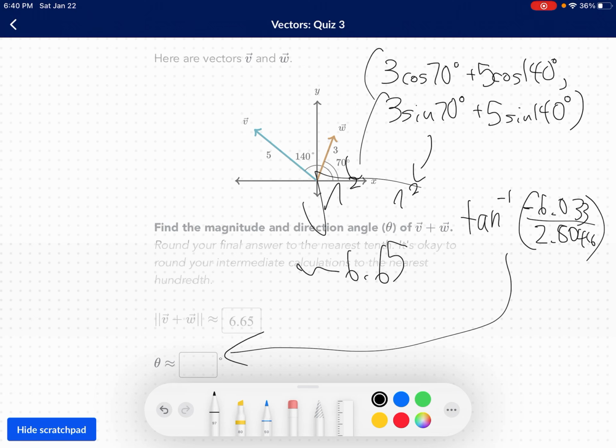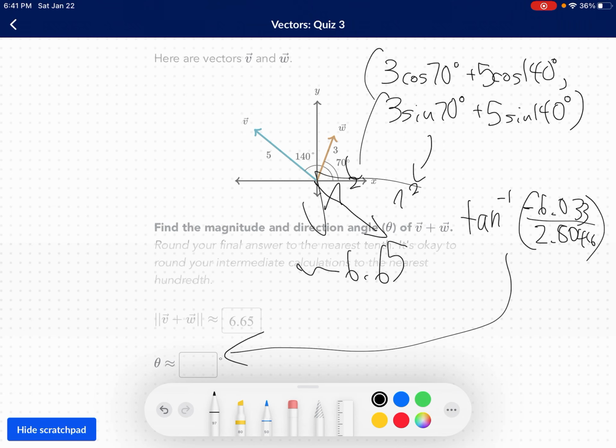So inverse tangent of negative 6.033015911 over 2.804161786 brings me to negative 65.07, but I need between 0 and 360 degrees.